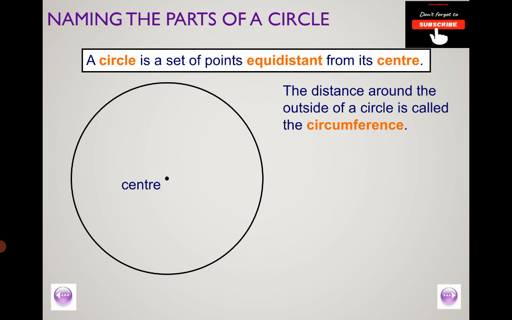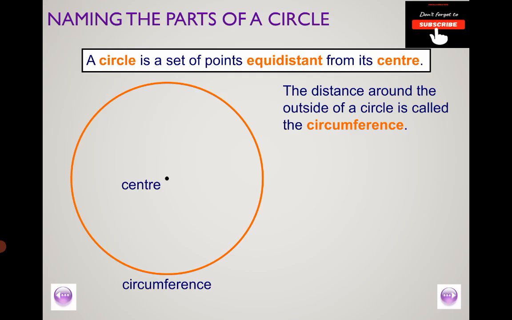So the distance around the outside of the circle is called the circumference. The circumference is the one that is shown here in the orange.